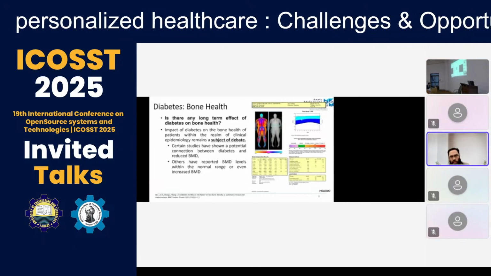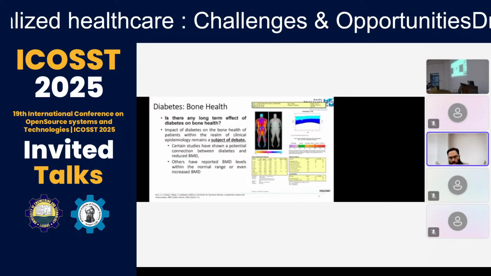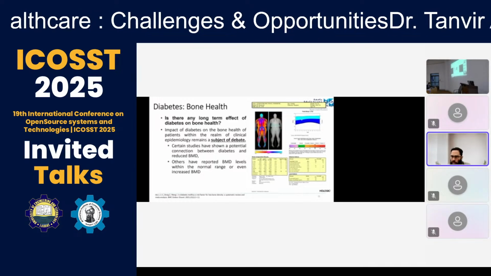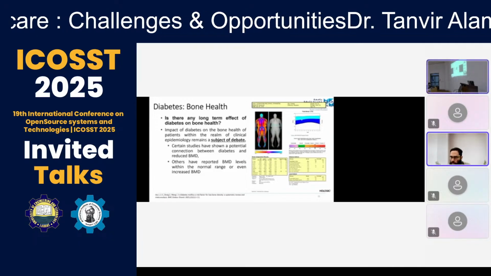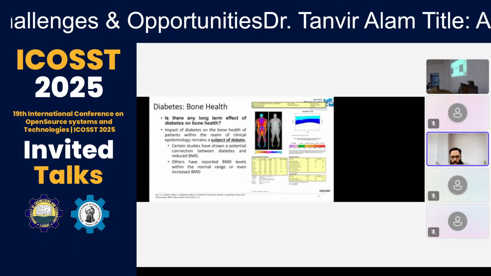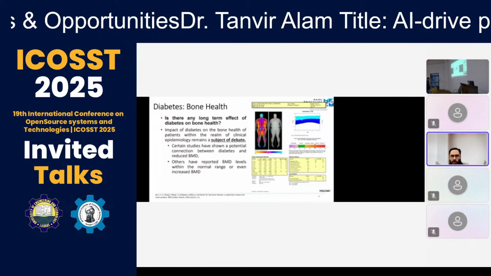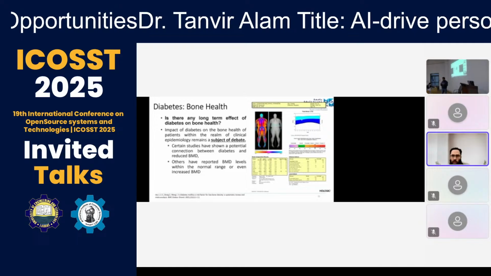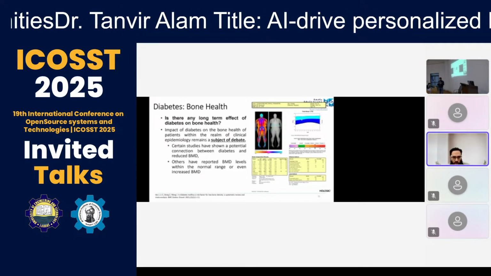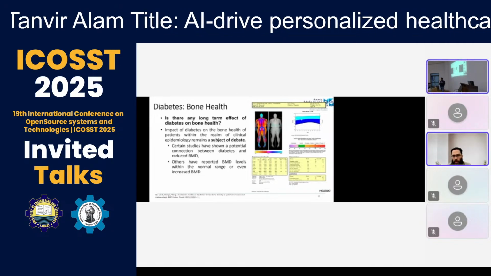Then we also check the bone health condition because in the literature it is still not clear whether long-term diabetes has any impact on bone health, which may lead to osteoporosis or osteopenia, etc. For that, we collected a Qatari cohort who have had diabetes for more than 15 years, 10 years, or 5 years. We have cohorts at different levels of prevalence.